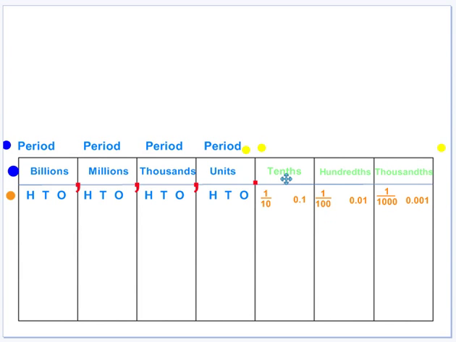And you can still read your decimal numbers like whole numbers, but at the end, you're going to put what place value you end at. So say that we had 0. Remember, this is "and" at the decimal point, okay?